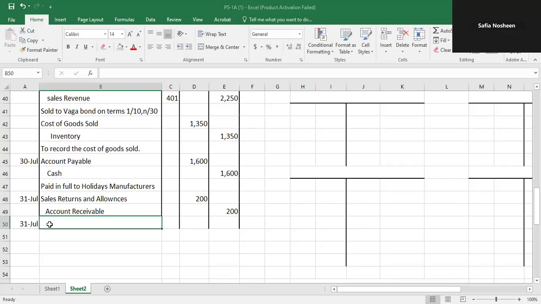The second entry will be made to restore our cost of goods sold and inventory account. That was 120. To restore our cost of goods sold, since these goods have been returned, we have to do the inverse entry of our sales entry.